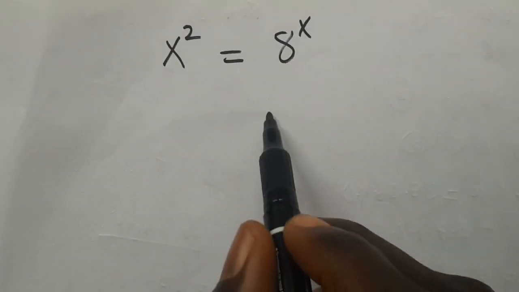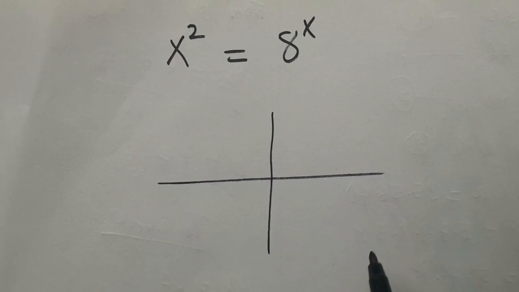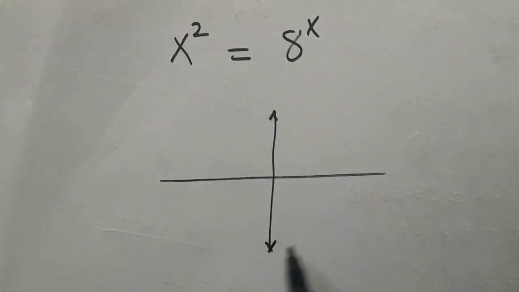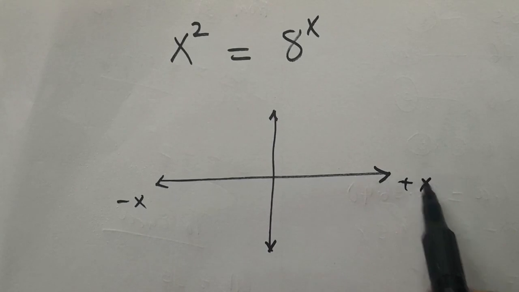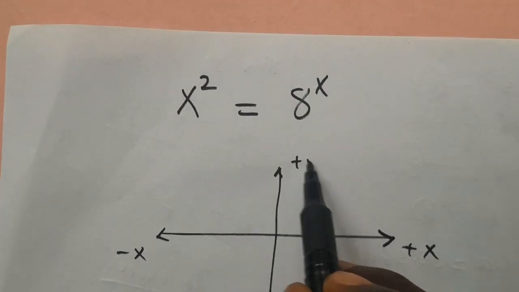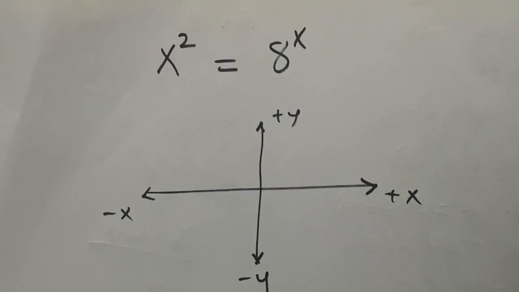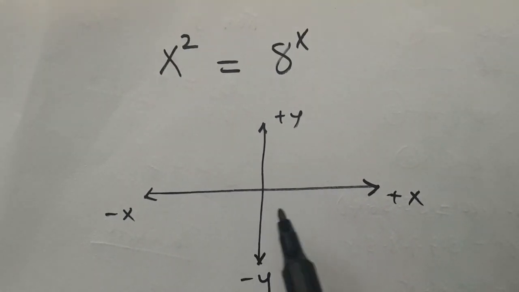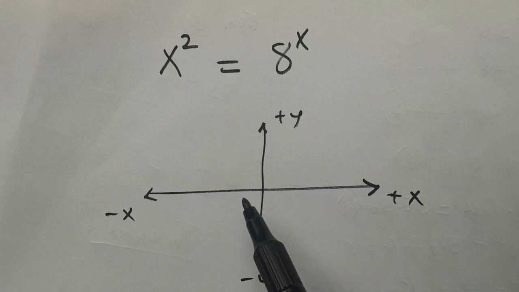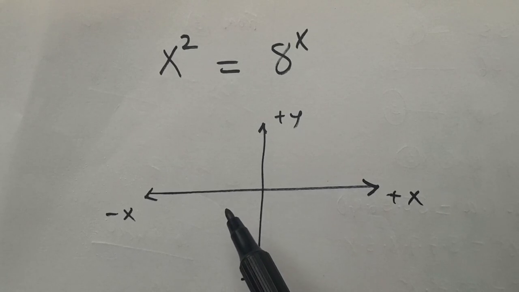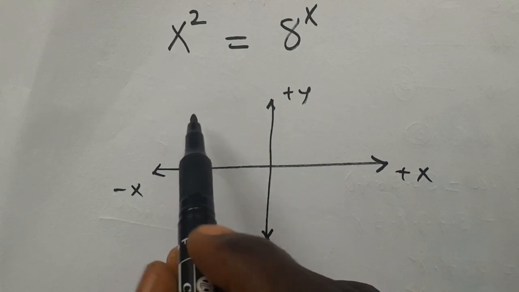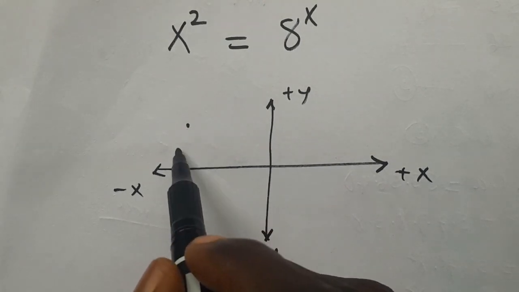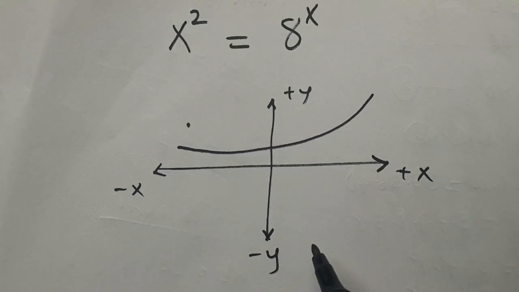Now when you have our graph as this, minus y plus y, then from here, for x squared is an exponent, so we are going to have the graph for this as this.